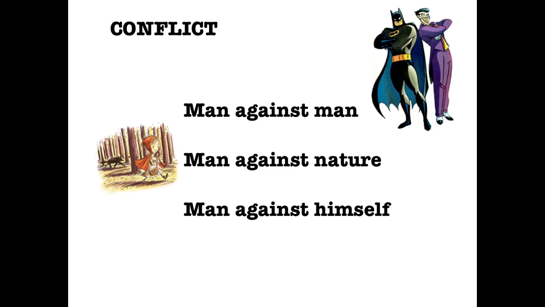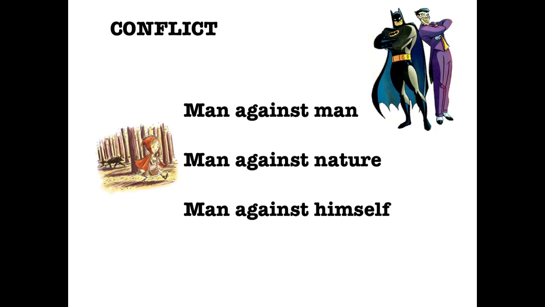And finally, man against himself is when, of course, again, the protagonist is a human being, but the problem, the struggle, is within himself. He or she, the protagonist, has to battle internal conflicts in order to succeed.